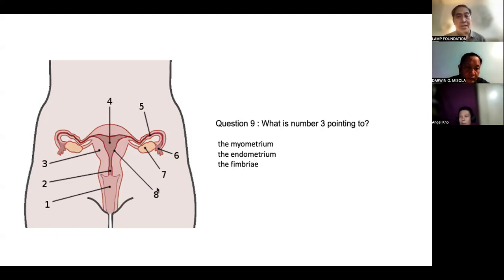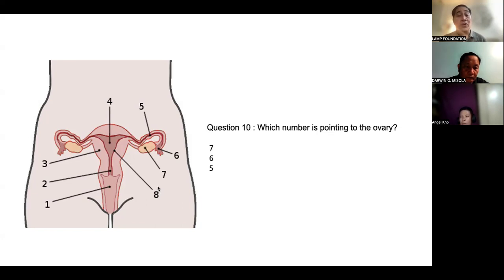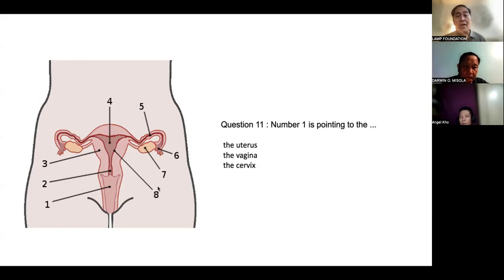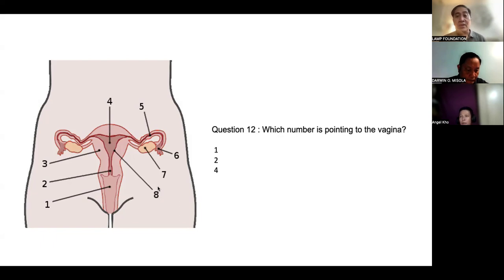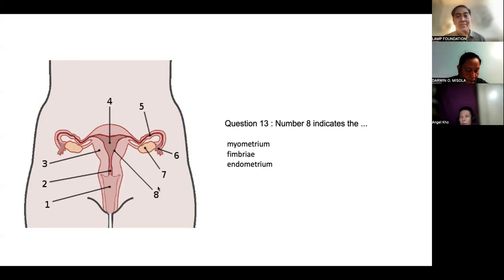What is number 3? The myometrium. Which number is pointing to the ovary? Number 7. Number 1 is pointing to the vagina. Number 8 indicates the endometrium.